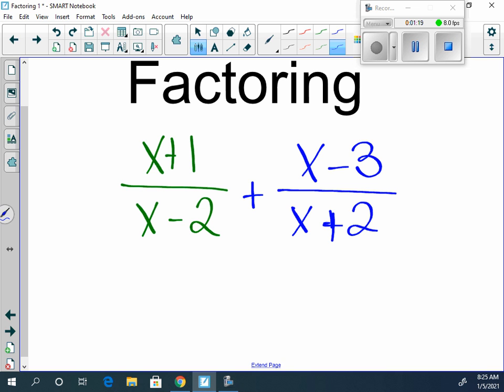Now, if I have two of these added together, what do I know about fractions that are being added together? The denominators have to be the same, yes? So we have to do stuff like this here. So this here is not bad, and there's ways that we can go about finding this, how to add these together.